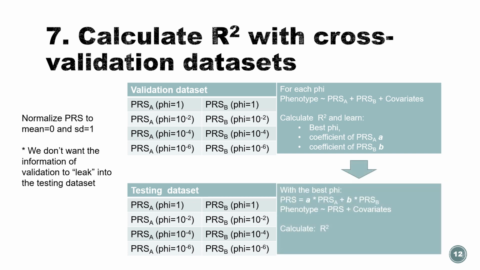With the knowledge of the best phi and the coefficient of the two PRS, you choose the PRS under that best phi and combine them with the learned coefficients. Then you use the combination of the PRS to calculate the R-squared. This will be your final result.